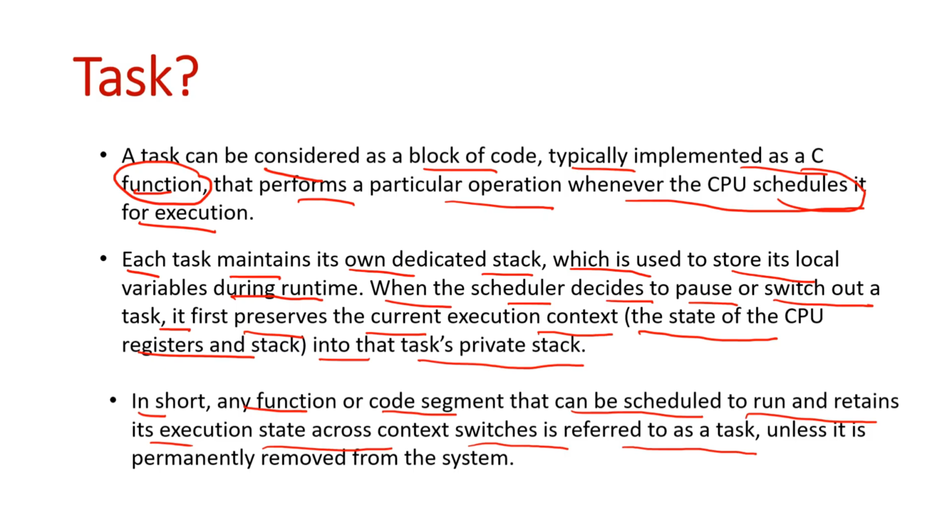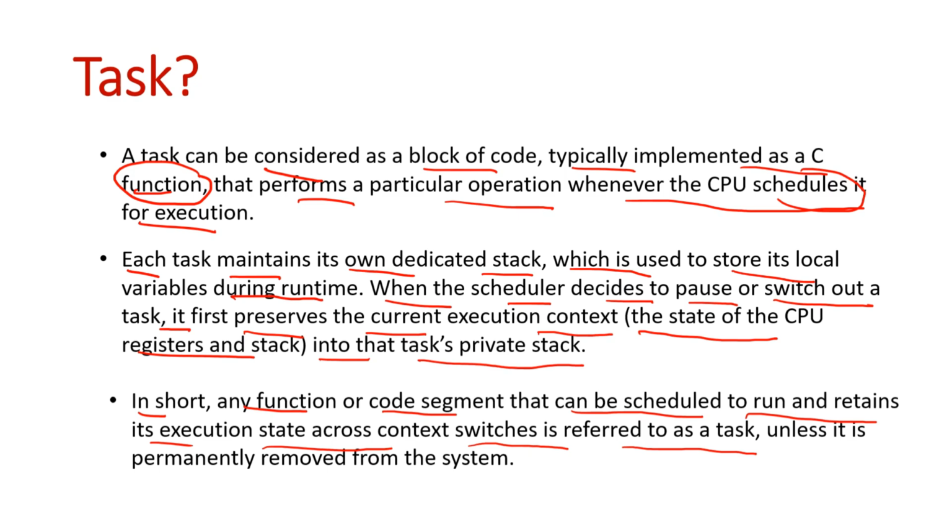If your function can retain its state, that means its local variables and the CPU registers, even after jumping to another function, then you can call that particular function a task.